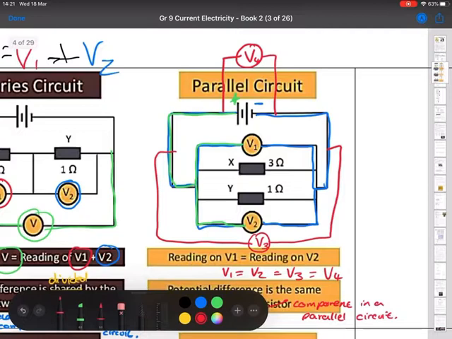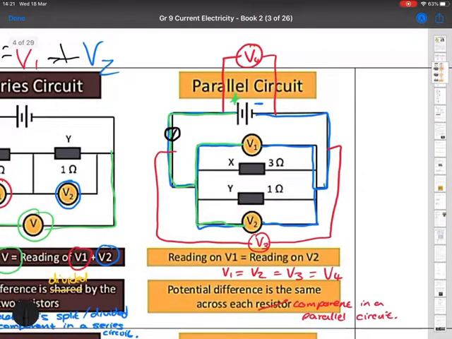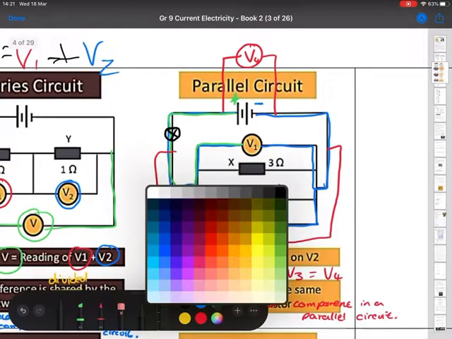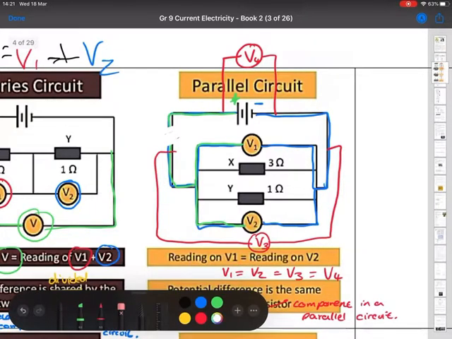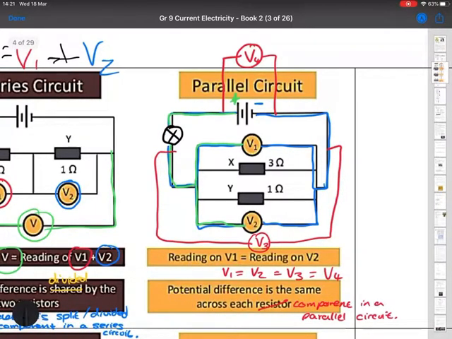Okay. We will later do combination circuits where, say for example, I put in a light bulb over here. So if I took this out, later we're going to have a look at what would happen if you had a light bulb in your circuit as well. If I connected a voltmeter over here and I called that voltmeter 5, then I could say that voltmeter 5 plus voltmeter 1 and 2 would be equal to voltmeter 4.